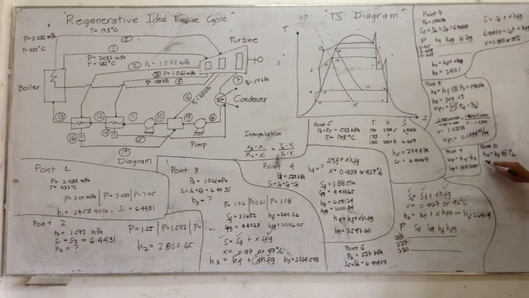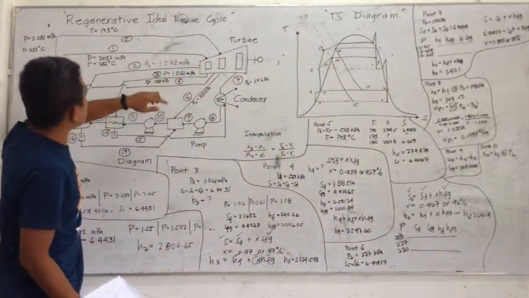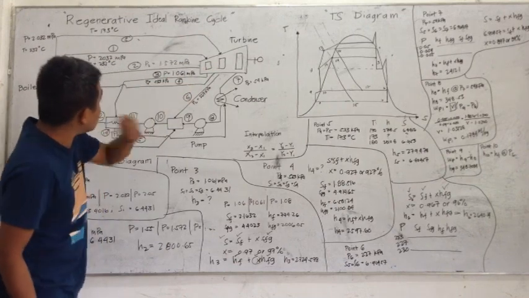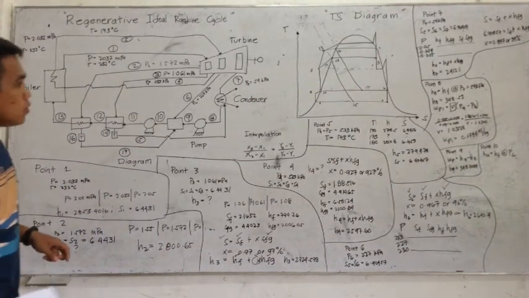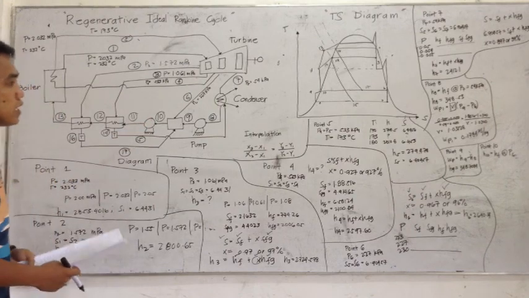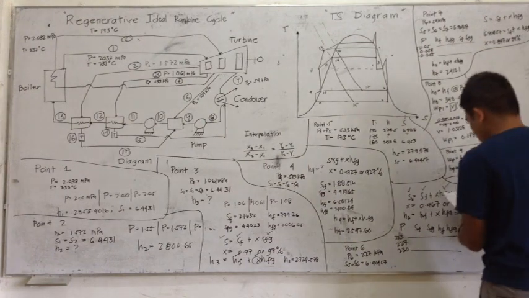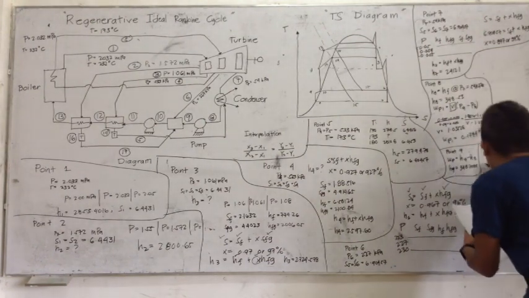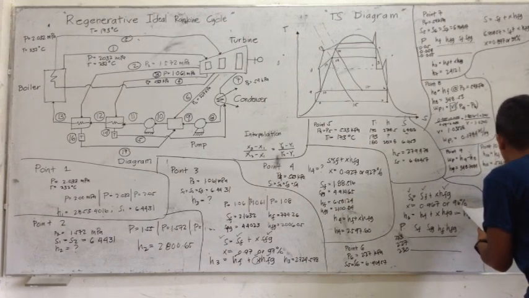So we use this formula, H10 is equal to HF at 0.6. Back in our diagram, in a previous method, the turbine delivers excess liquid into the open feed water. So we can use this pressure 6 in order to locate our H10. So H10 is equal to 521.93.